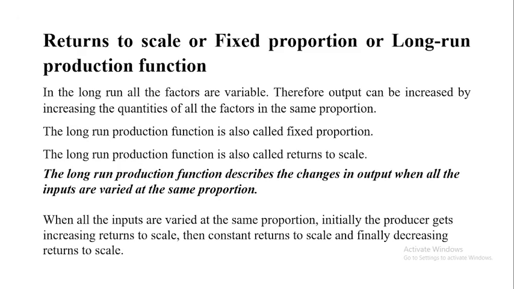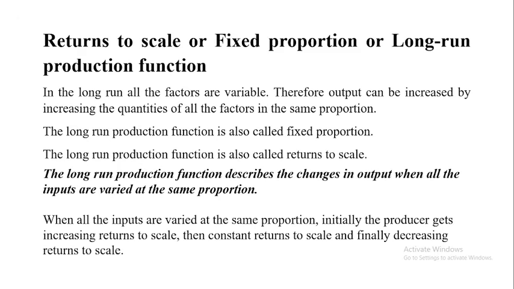Similarly, constant returns to scale means when all the inputs are increased at a certain proportion, your output also increases at the same proportion. This is called constant returns to scale. For example, if you increase all the inputs by 10%, your output will also increase by 10%.